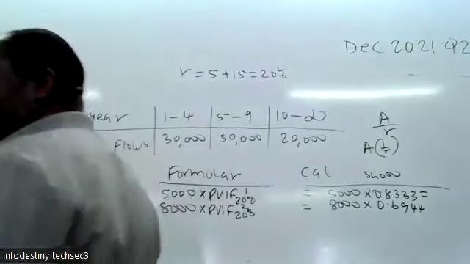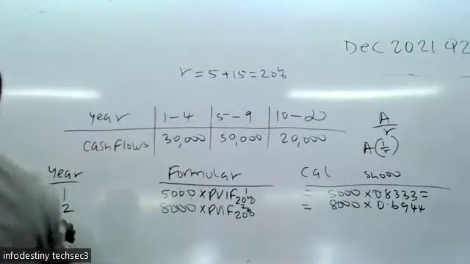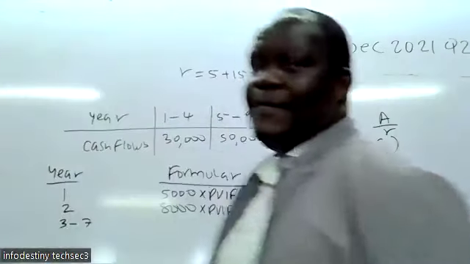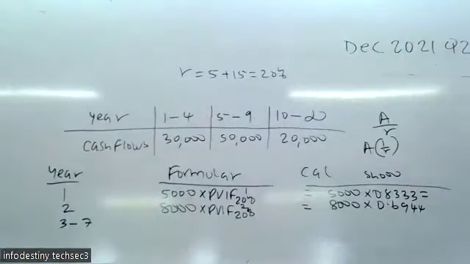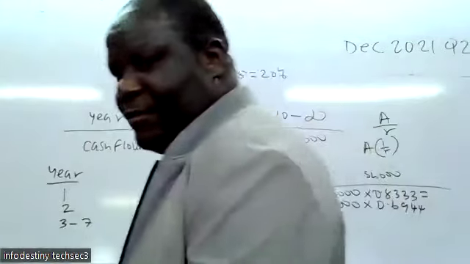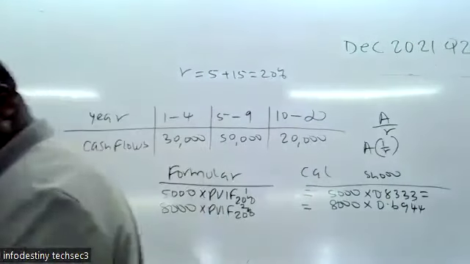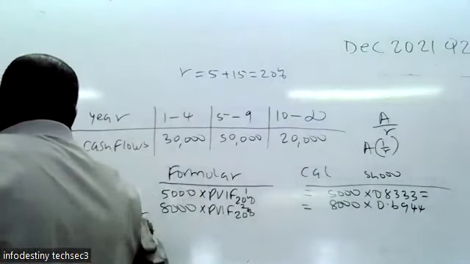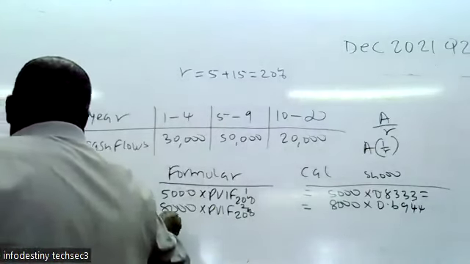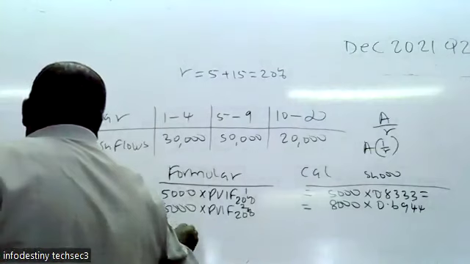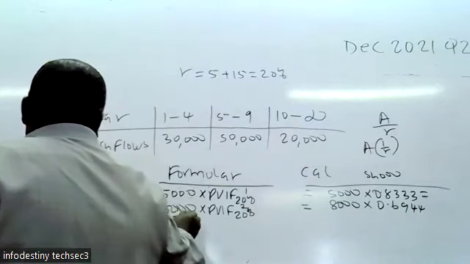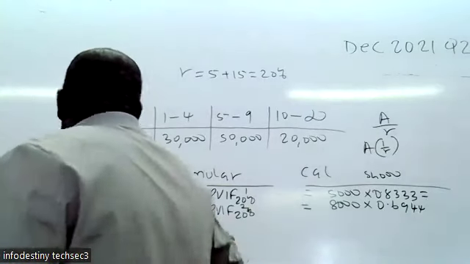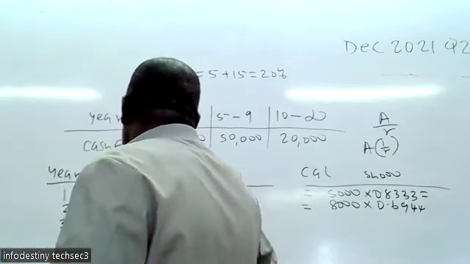But now you see from year 3 to year 7. So here annuity. Year 3 to year 7 is an annuity, whereby you take the present value interest factor for the annuity, 20% in year 7. So we subtract the one for which year?